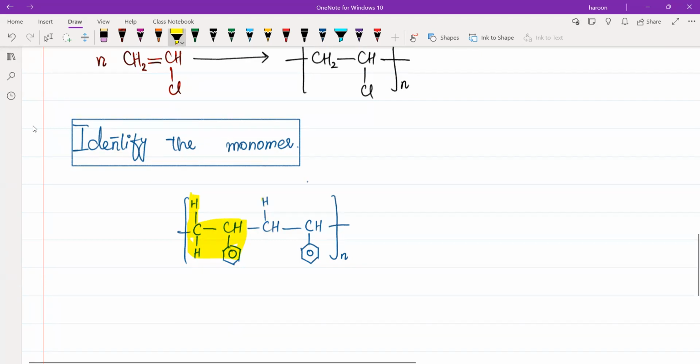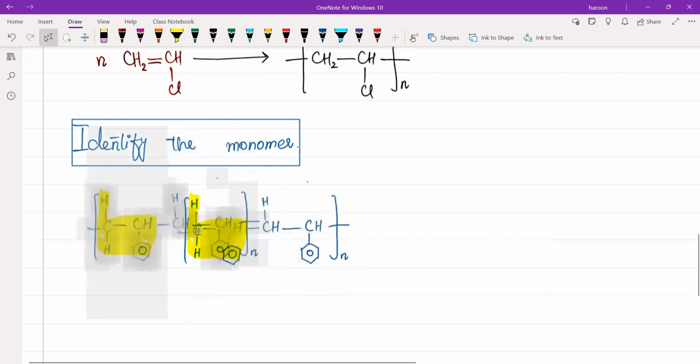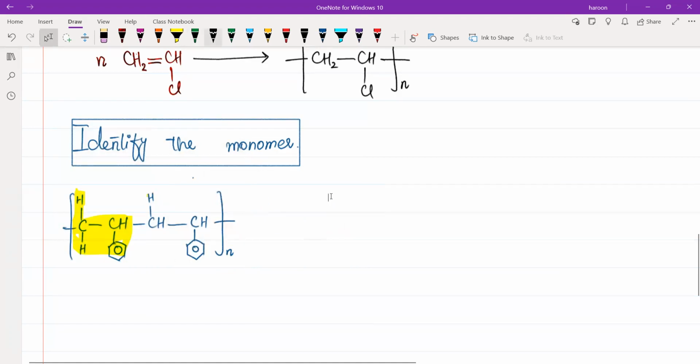Okay, let's give another example here, because this will be part of your paper. They will give you a polymer and they will say, what is the monomer? Find the monomer.